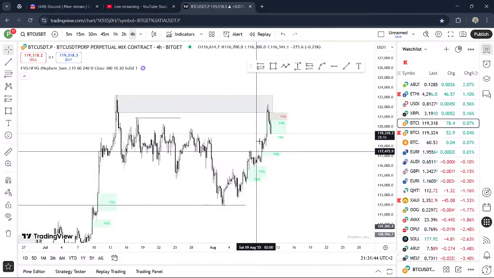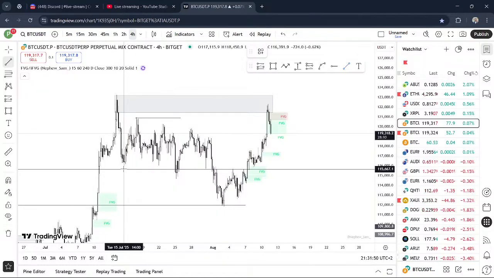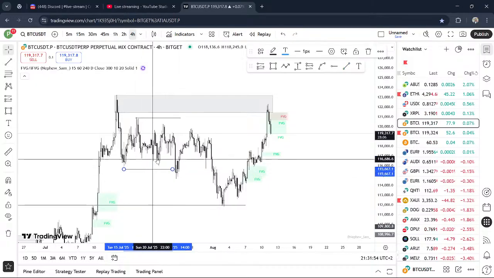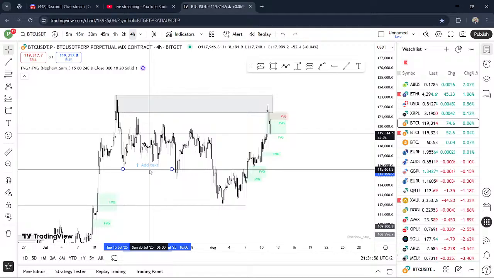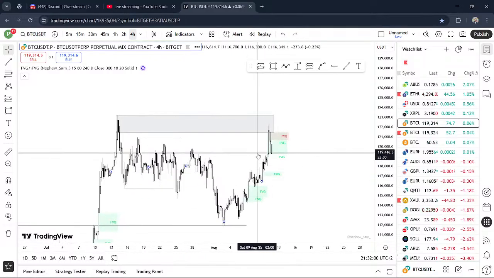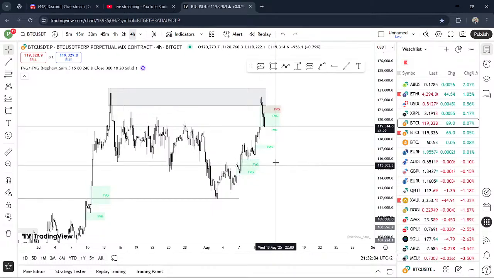But to me it looks like a trap, because first off, this break right here is an internal break. On 1 hour and everything else it looks good, and that is why we're having this little bit of price retracing back down, because on a lower time frame it all looks perfect.